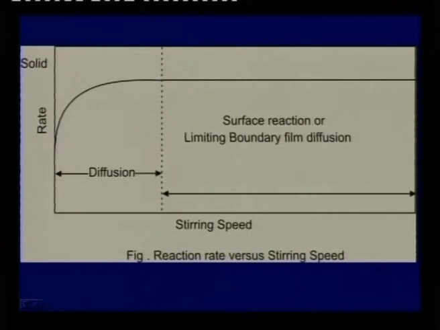But in this case, if you plot the stirring speed against rate, we find that beyond a certain stirring speed, the rate of diffusion cannot increase, because the boundary layer thickness has been reduced to the minimum. So, then only temperature will have to be increased.